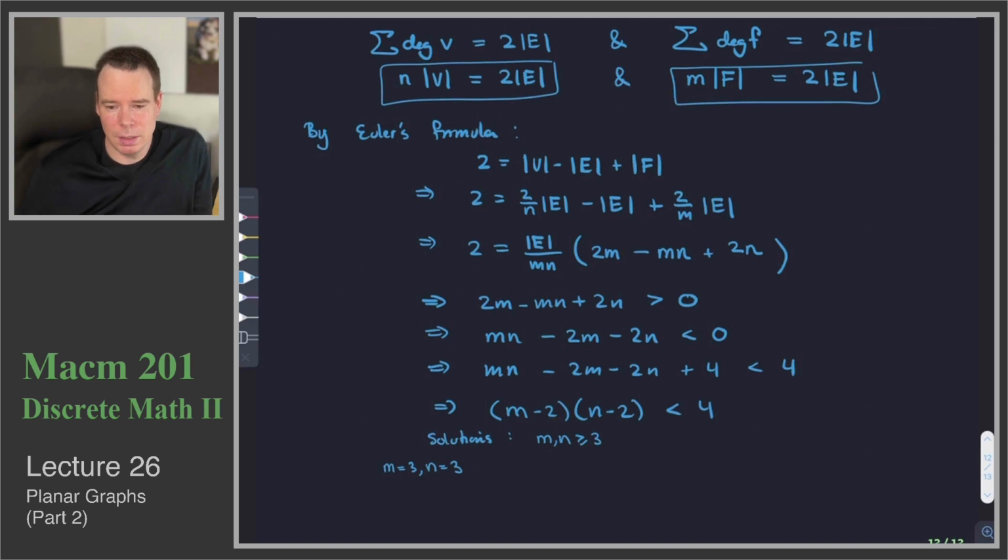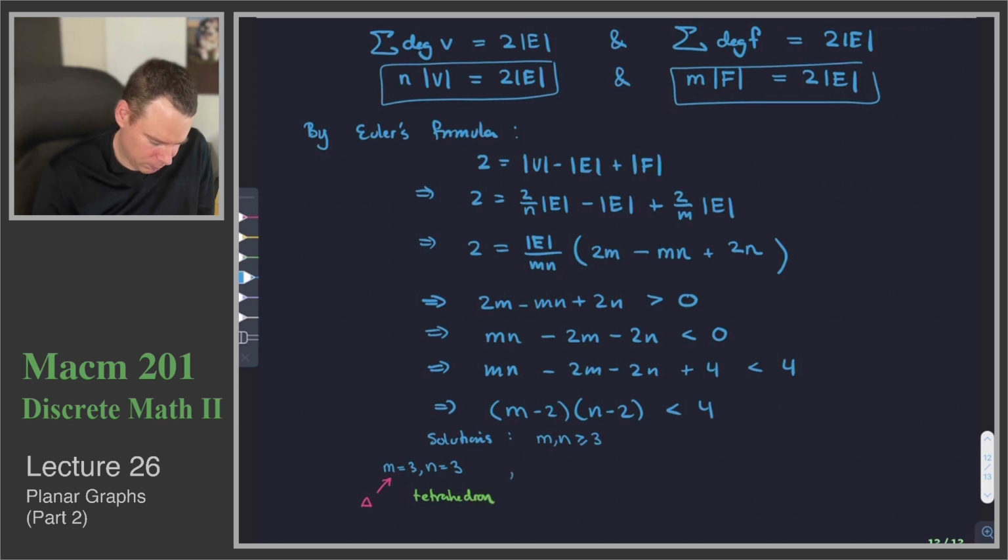So that's how many things are coming together. M is the degree of the face. So that's the kind of shape. So this says we've got m is 3, so the shape is a triangle. And we've got 3 triangles coming together at every vertex. So that's a tetrahedron. So this solution corresponds to a tetrahedron.